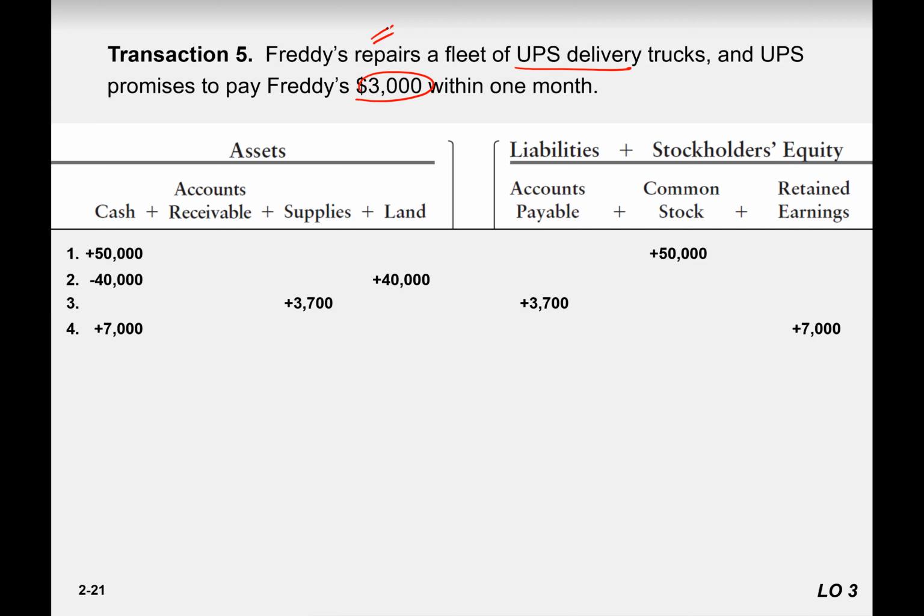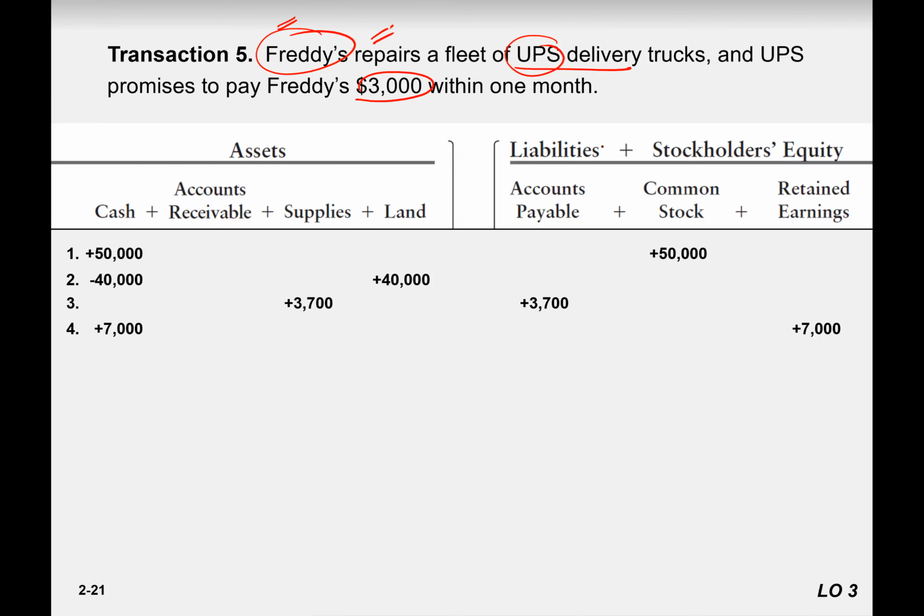Okay, let me explain this transaction. No worries. So this is Freddy's who repairs the UPS company trucks. We are talking about Friday's business, not the UPS business, right? So Friday's does the work, and UPS, which is now its customer, says that we are not going to pay you right now, we will be paying you in 1 month.